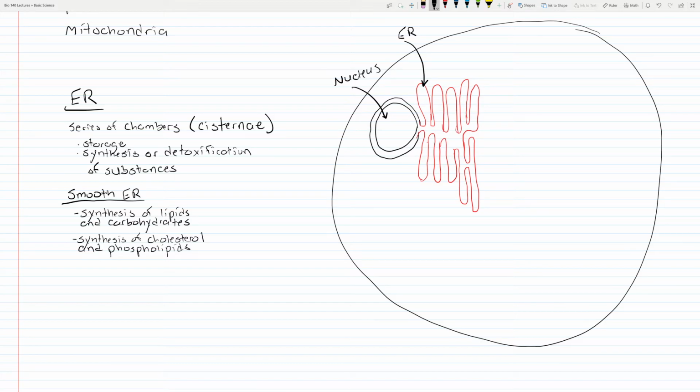So synthesis is real. It's also for the storage of cholesterol and phospholipids. It is for the storage of steroid hormones.